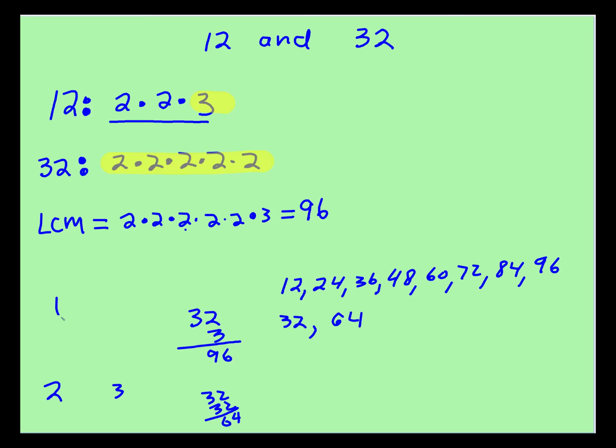And oh, look, 64 plus 32, 96. But look at that, it takes a while to do all of that. So there we've got 96. That's the first multiple. Notice 32 isn't in this list. 64 isn't in this list. And the other numbers in this list aren't in the other list. The first multiple they have in common is 96.